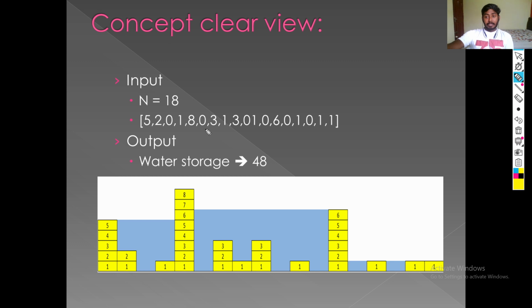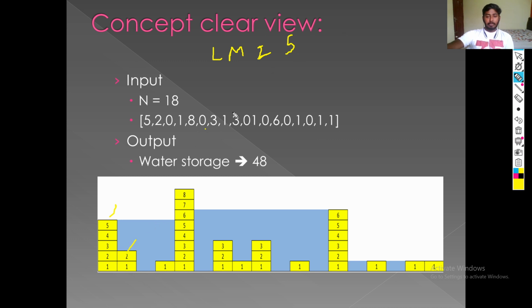While considering the time complexity, what we are going to do is take the left max first. In the beginning, we are going to consider the left max is 5, just keep it as 5. After that, we traverse through 2.